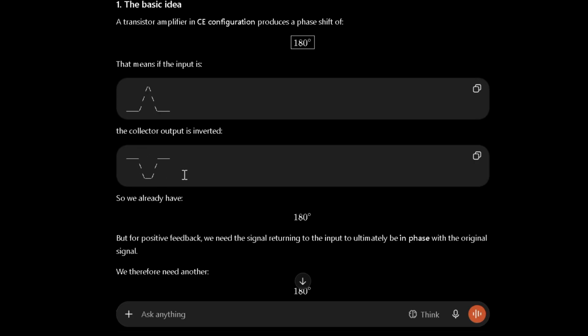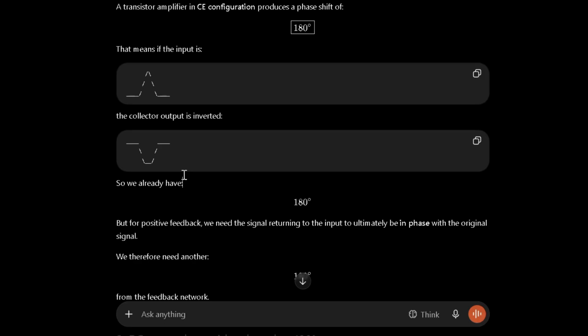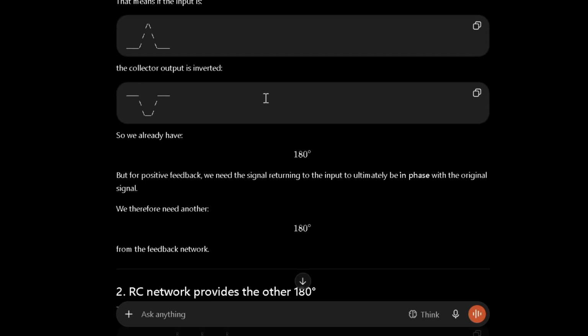Now we need another phase shift. This is the input, this is inverted, that's 180. But for positive feedback, we need a signal returning to the input to ultimately be in phase with the original signal.